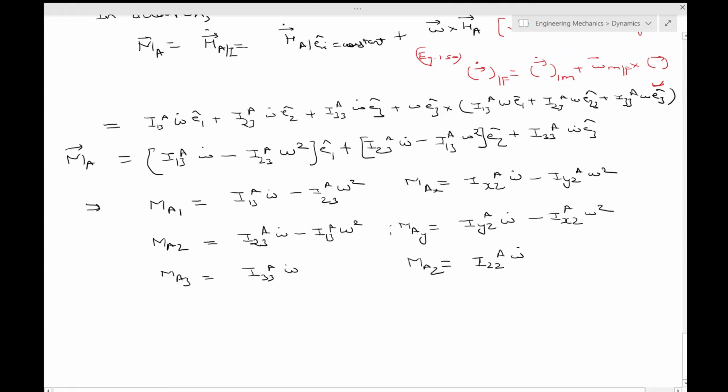Whatever you are seeing on your screen right now is equation 3.30. Okay. So the vector MA is not actually parallel to E3. It has these two other components, and they are valid even when E3 is not the principal axis.